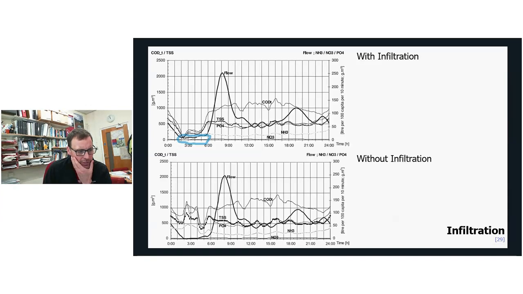If we remove infiltration, it goes down to almost zero. But what is also interesting is when you remove that flow, because remember, water infiltrating into the sewage system has very low levels of pollutants and suspended material in it. So when you remove that flow, the pollutant levels during the night essentially trend towards the level we see pretty much throughout the day, which I think is kind of interesting.